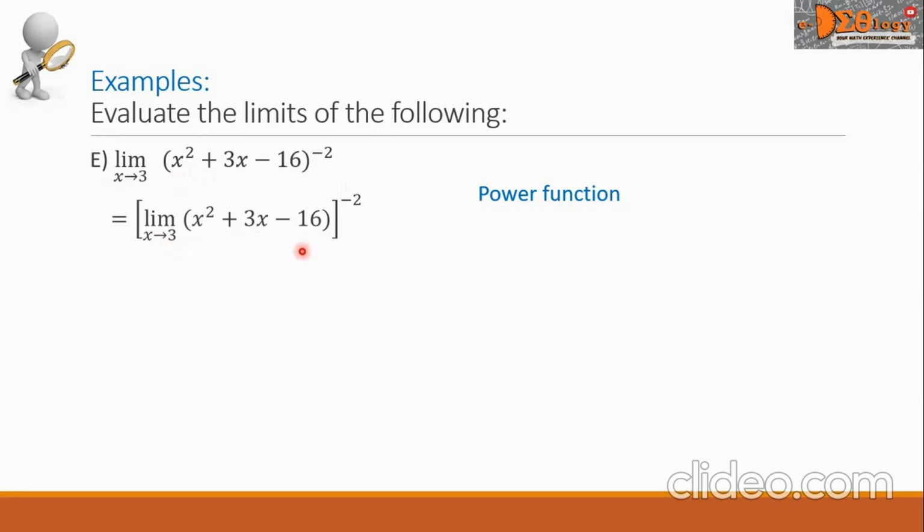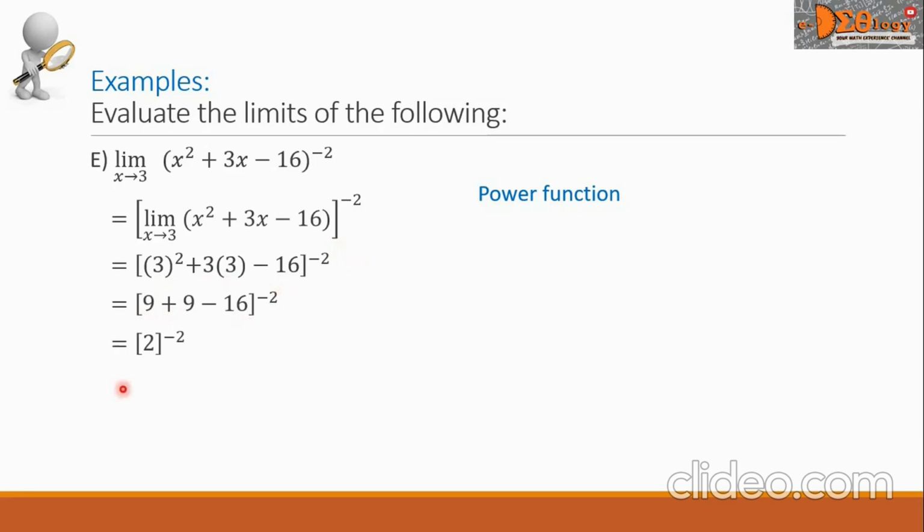Evaluating the limit now, let us substitute the value 3 to the x. So we have 3 squared plus 3 times 3 minus 16. And the negative 2 power is here. 3 squared is 9 plus 3 times 3 is 9 minus 16 all raised to negative 2.